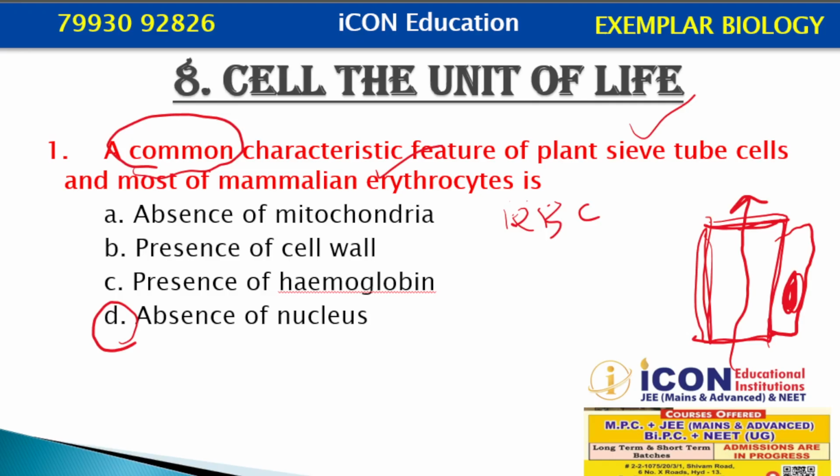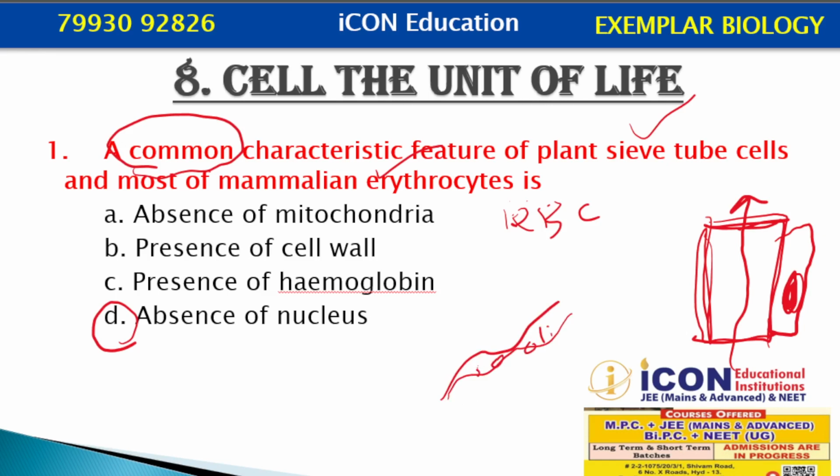So mature RBCs lack nucleus to maximize the space for hemoglobin, and this loss of nucleus makes the RBC flexible and biconcave in shape, so that the RBC can squeeze through the tiny capillaries. Very tiny capillaries the RBC has to pass through.